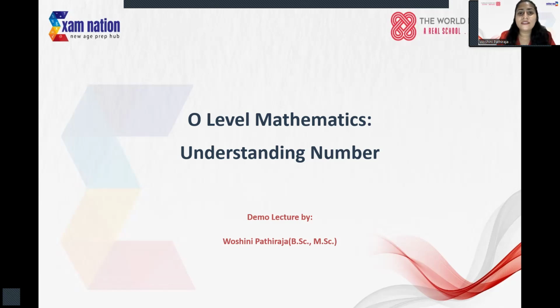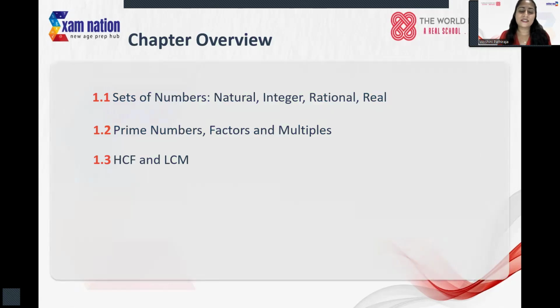Understanding numbers is very important in mathematics because there is no mathematics without numbers, right? So let me show you first what topics I'm going to discuss today. In this chapter, we are learning about the sets of numbers, like natural numbers, integers, rational numbers, and real numbers.